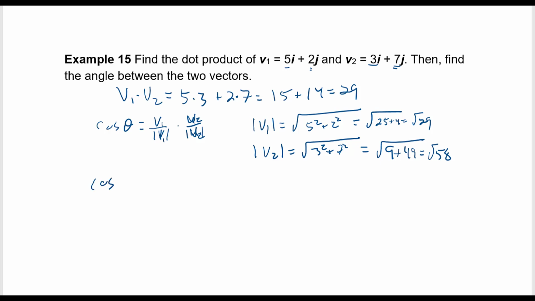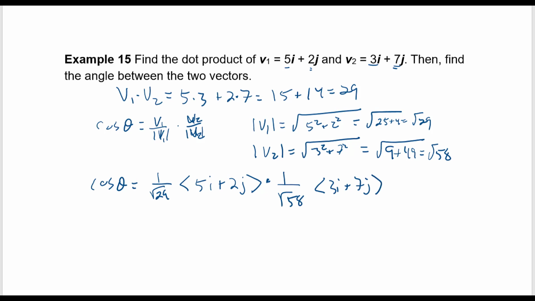So our cosine of theta is going to be 1 over the square root of 29 times the vector 5i plus 2j, dot the vector, I think I'll leave it like that, 1 over the square root of 58 times the vector 3i plus 7j.